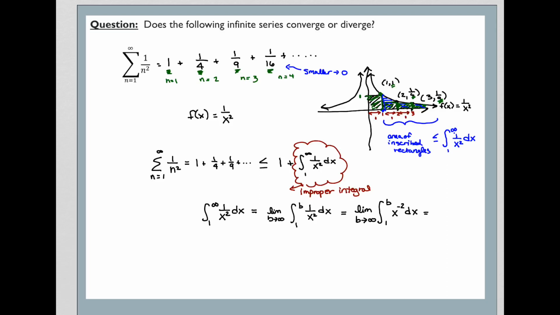We evaluate that by adding 1, dividing, doing our power rule, and that gives us the limit as b goes to infinity of negative x to the negative 1 from 1 to b. That's equal to the limit as b goes to infinity of negative 1 over x from 1 to b, which is just the limit as b goes to infinity of negative 1 over b plus 1 over 1.